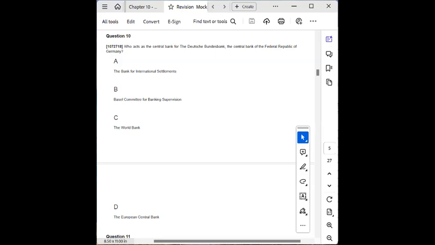You have a single currency, euro. So each of the central banks of individual countries have to first report to the European Central Bank. The European Central Bank is the central bank for Europe, and that is the member of BIS. Therefore, the correct answer is D. One person has given the correct answer anyway. Okay. Question number 11.